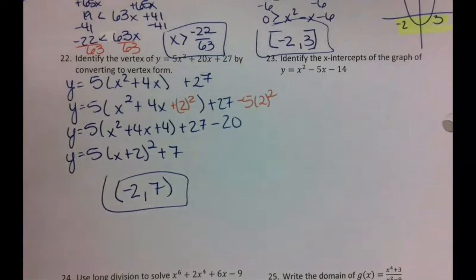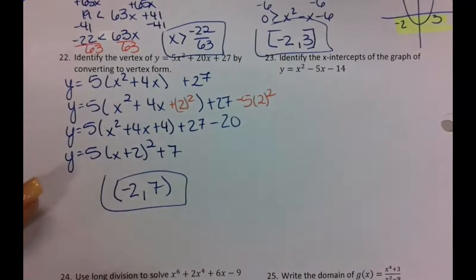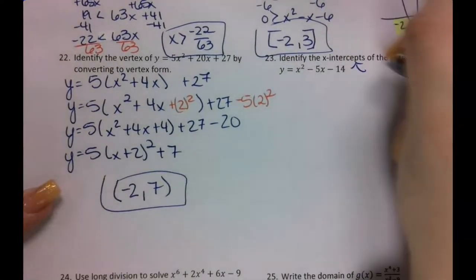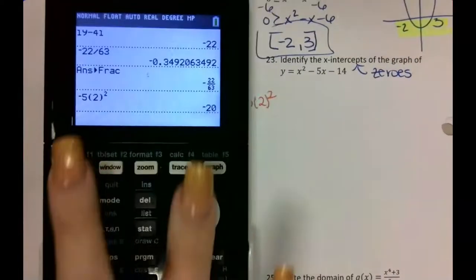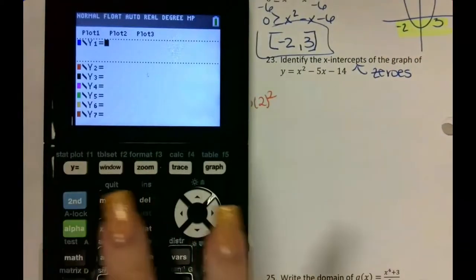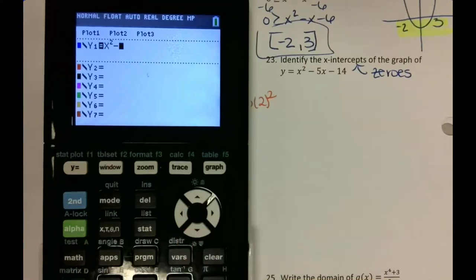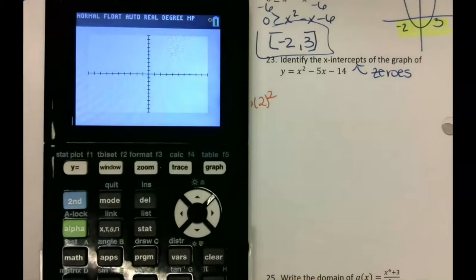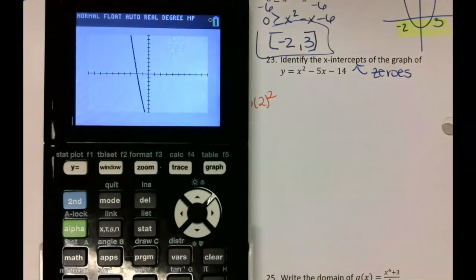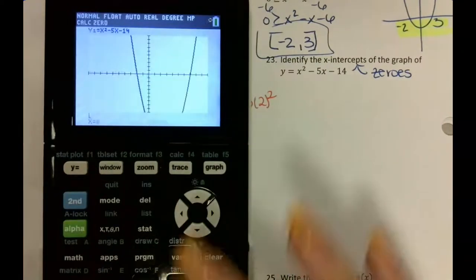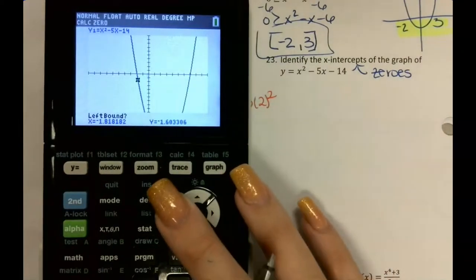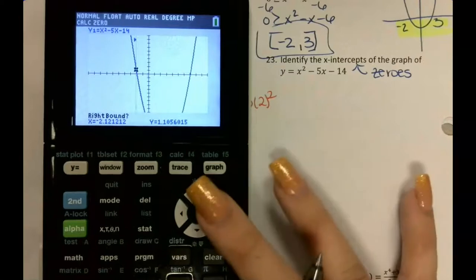Number 23 wants me to give the x-intercepts of the graphs. Remember, x-intercepts are the same thing as zeros. So I want to go ahead and graph this one. And then once it graphs, I want to figure out where these are crossing the x-axis. So same thing like I did on the problem above.